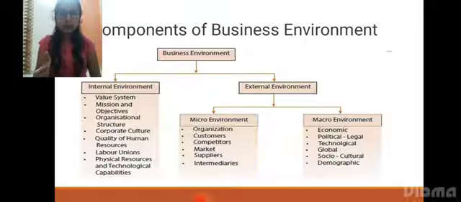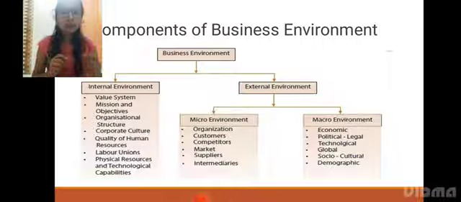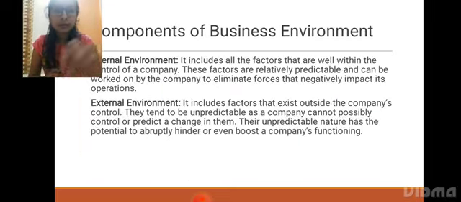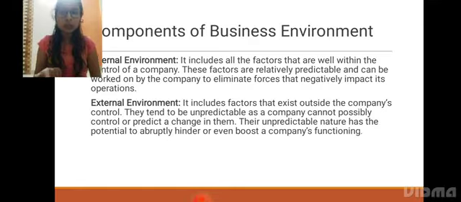Internal component means what? Which we can control, or which are in our hand, or in the business's hand. External environment means what? Which you don't have any control over. That is nothing but the external environment. You have to adopt changes. So the internal environment includes all the factors that are well within the control of the company.